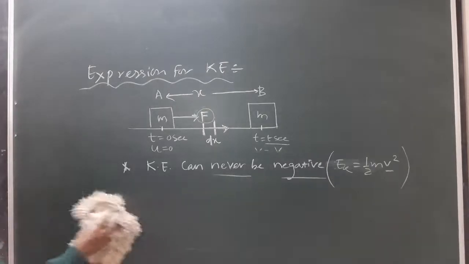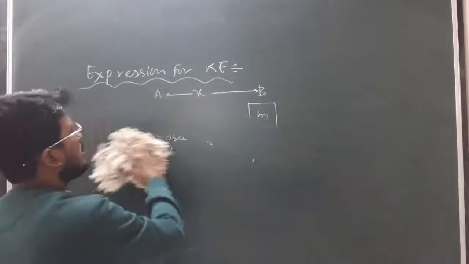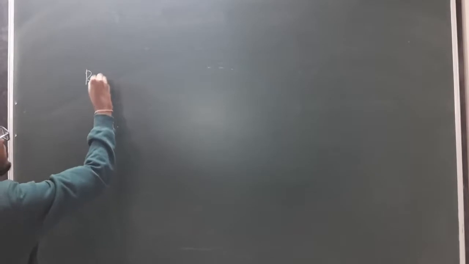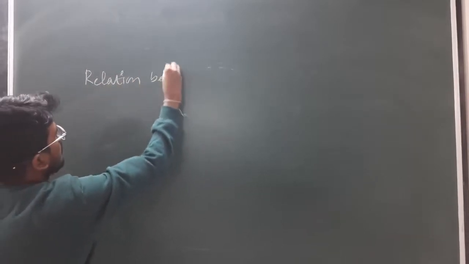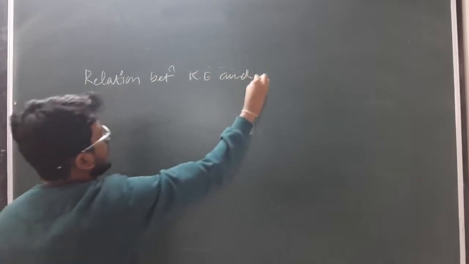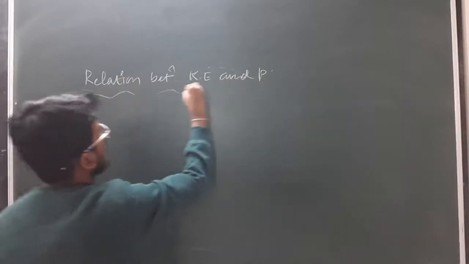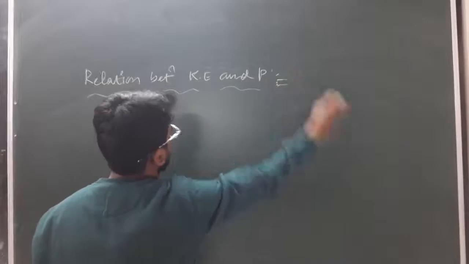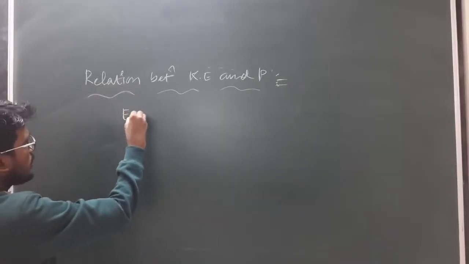Okay, so now let's find out the relation between kinetic energy and linear momentum. This is an important relation. You have to remember the relation between kinetic energy and momentum, linear momentum P. We already defined the expression for kinetic energy Ek.